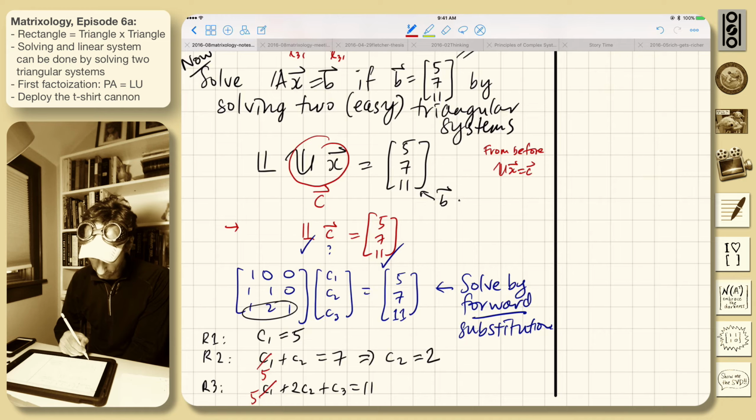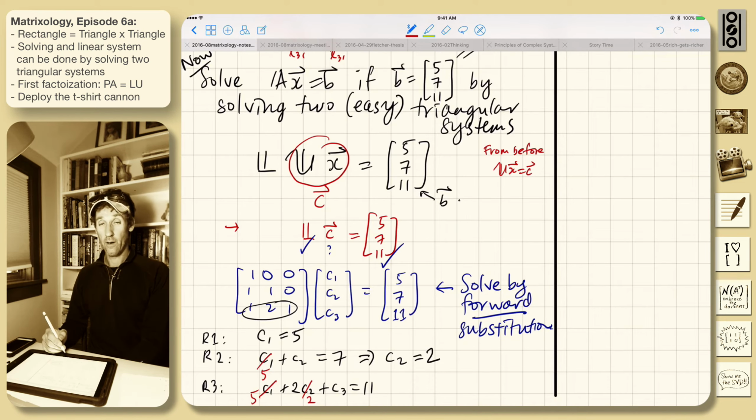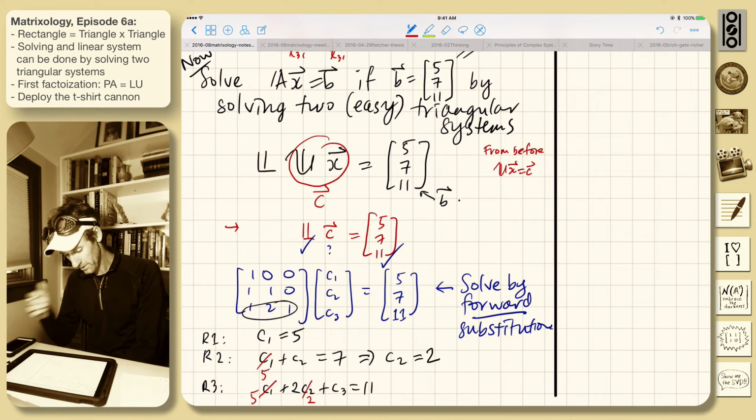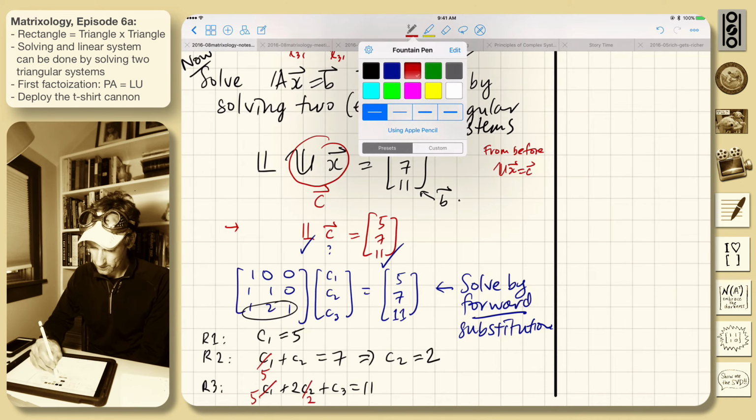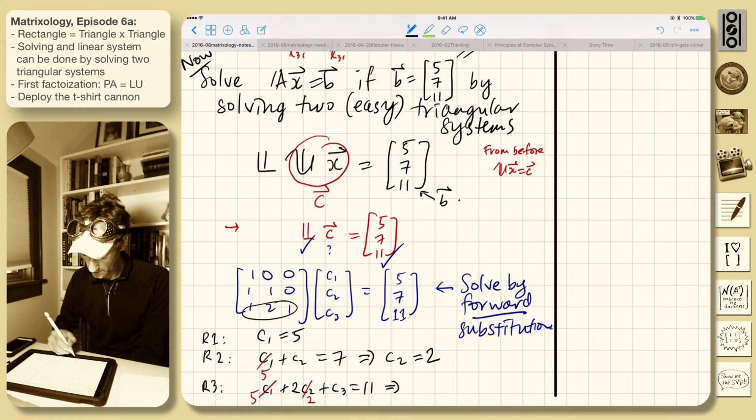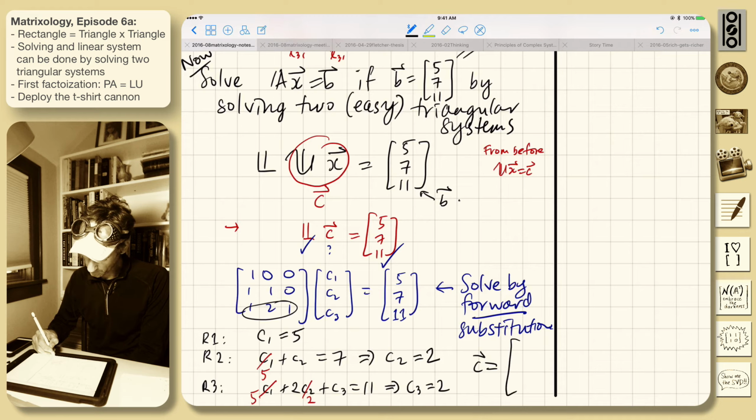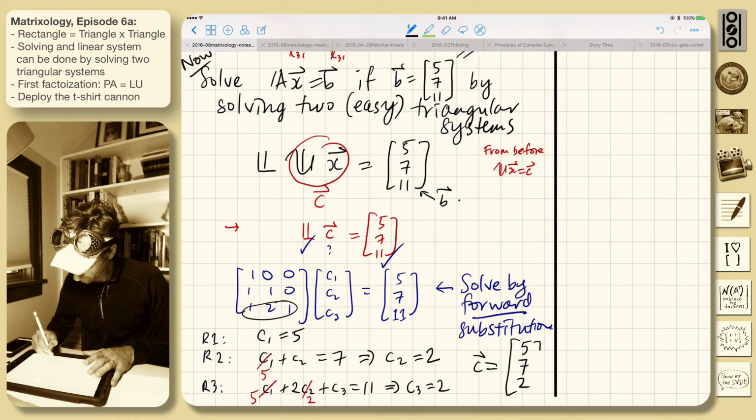C2 we know is 2, so we have that here. So it's 5 plus 4. Right, and then take it to the other side. So this will give us C3 equals 2. So our C vector is, right, that was forward substitution, 5, 7, and 2.